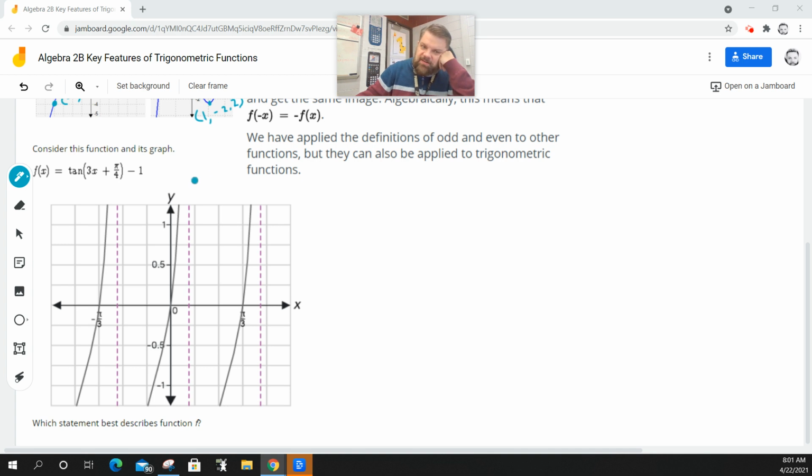So let's look at it graphically. If I draw a line down the y-axis, does the left side look like the right side 100%? No, it's not symmetrical about the x-axis. Or I mean the y-axis. It's just not. Okay? So it's not even.